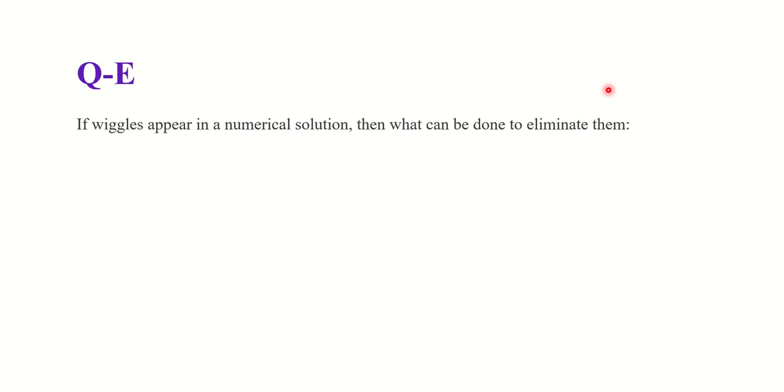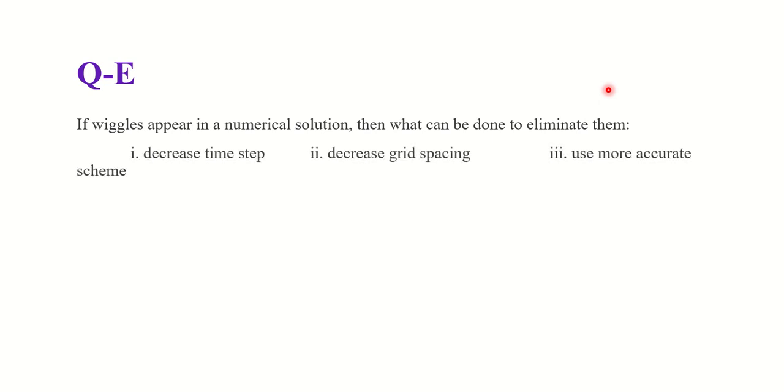Since it is dispersive in nature, we can reduce the grid size to get the wiggles to reduce. The answer options given are decrease time step, decrease grid spacing, and use more accurate scheme. So the answer is decrease grid spacing.